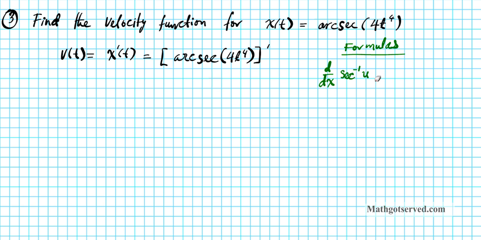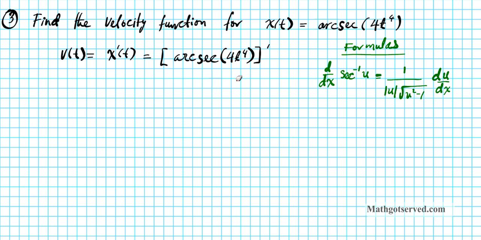So the derivative of arcsecant of u is 1 over the absolute value of u times the square root of u squared minus 1, and since we're using the chain rule, times du dx, basically the derivative of the inner function.